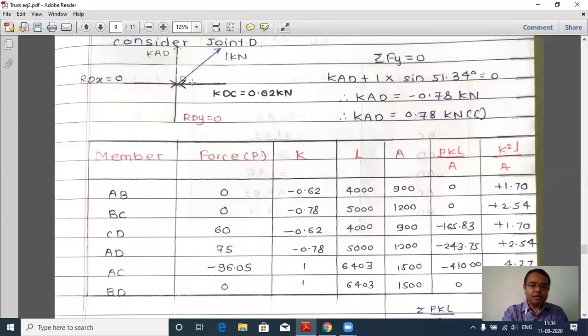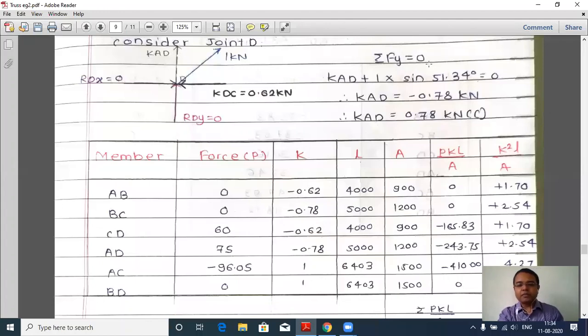This is an already known magnitude, that's why we have taken KDC as compression. KAD is to be found out, so we assume it as tensile, with the arrow acting away from the joint.